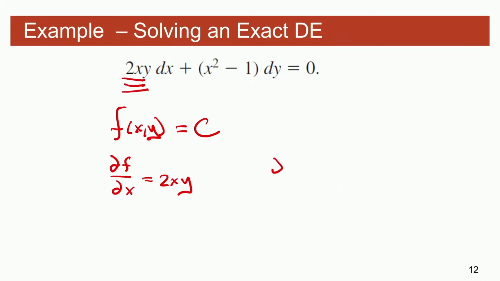And I want the derivative of the function with respect to y, those are partial derivatives, to equal x squared minus 1, which is this right here. So your challenge, should you choose to accept it, is to come up with that function. The function whose derivative in the x direction is 2xy and whose derivative in the y direction is x squared minus 1. I'm confident that you can come up with a function that will do this.